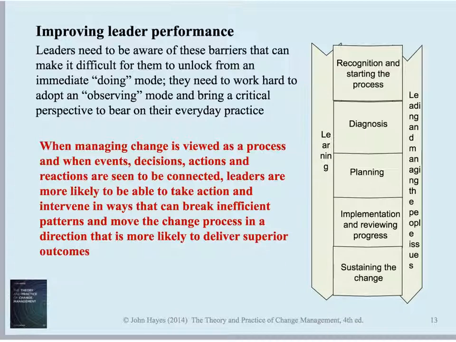Okay, so what else can you do to improve performance? Be aware of the barriers and make it difficult for them to unlock. This is that kind of freeze, unfreeze. If you've frozen something in, you're trying to make it habitual, people will immediately go, okay, we've done this for 2 weeks, I'm going to go back to the way I used to work.